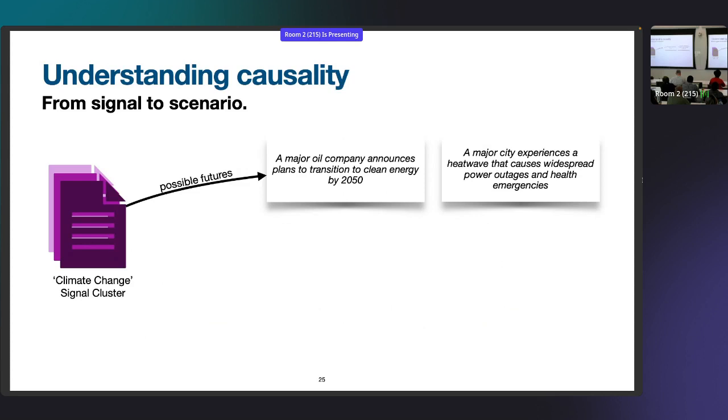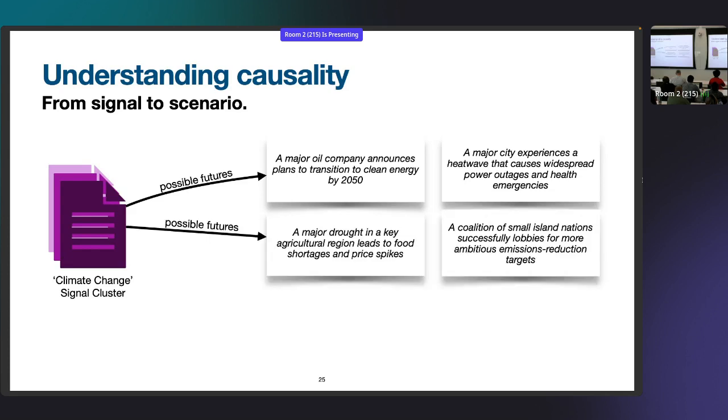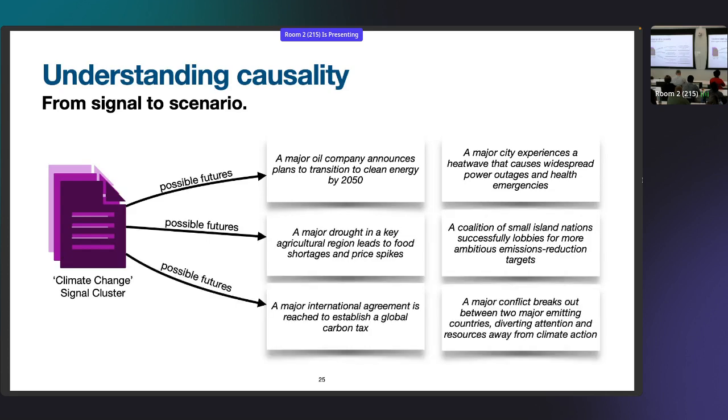So in this case, a major oil company announces plans to transition to clean energy by 2050, and so on and so forth.